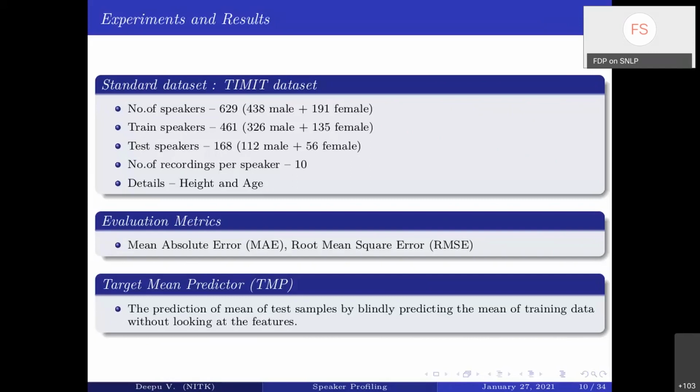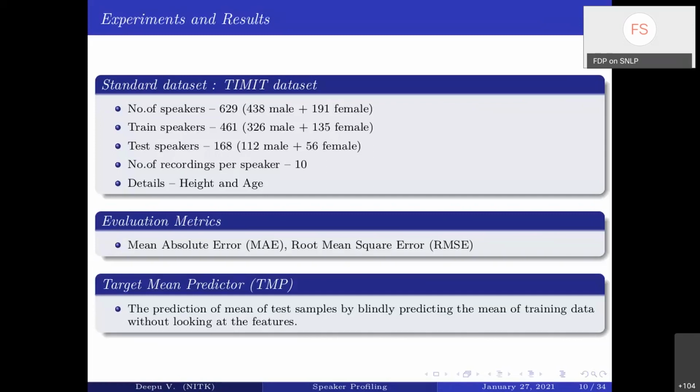Because you have a height which needs to be predicted, like 1.87 meter, and if you predict 1.77, we don't know whether it is correct or not, but we know that the error is 0.1. So that's what we are trying to see. We are trying to see what is the error that is incurred in this prediction.